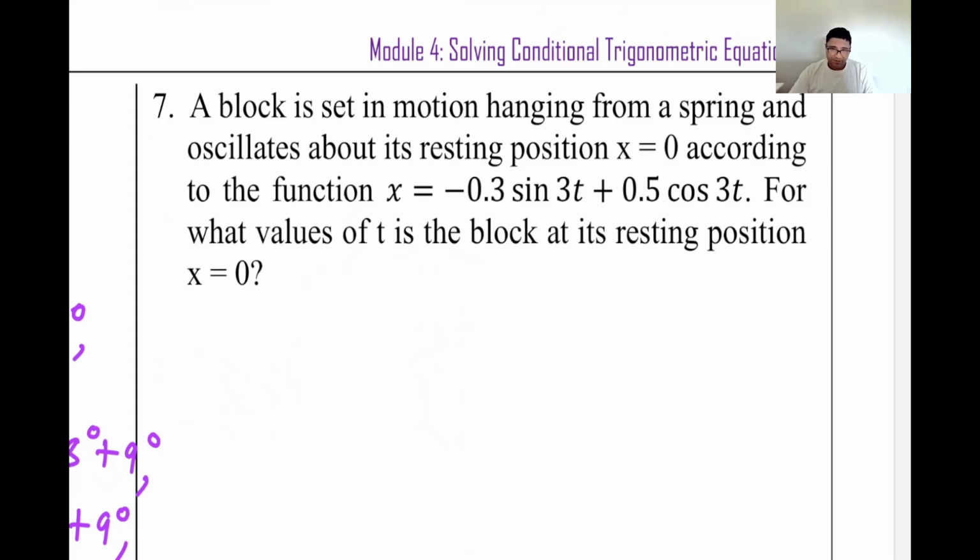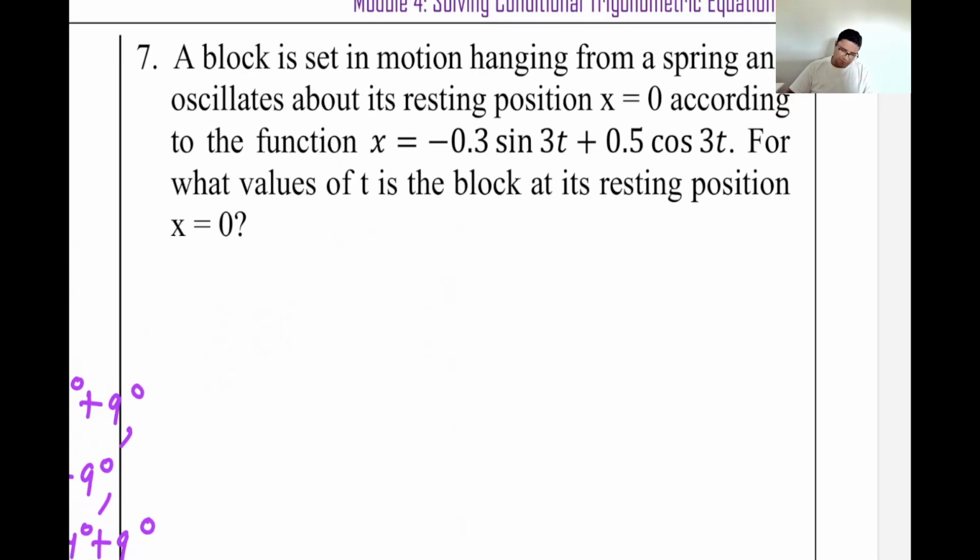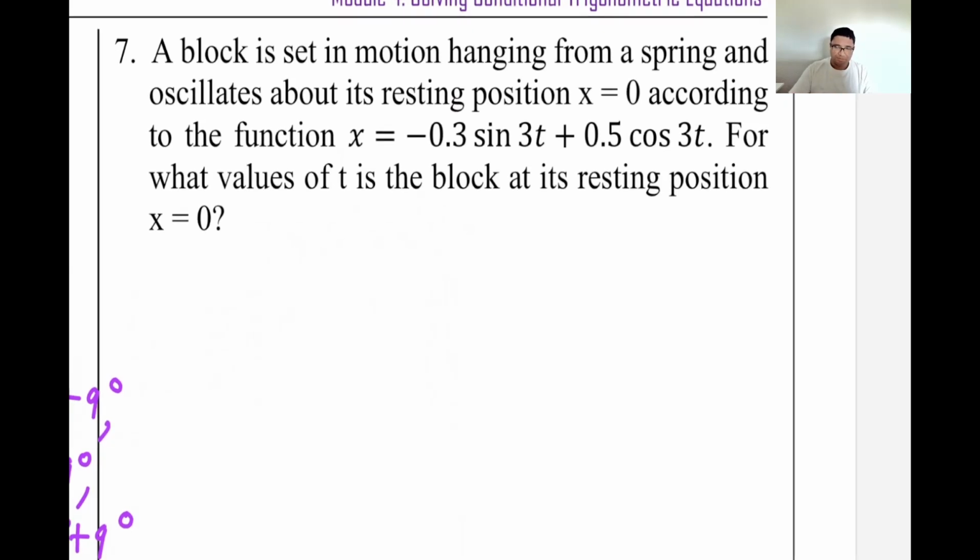For what values of t is the block at its resting position, x equals 0? The solution itself is not that difficult. We'll figure that out in a second. For now, the first thing is we want to understand what's going on here, so the whole problem makes sense.